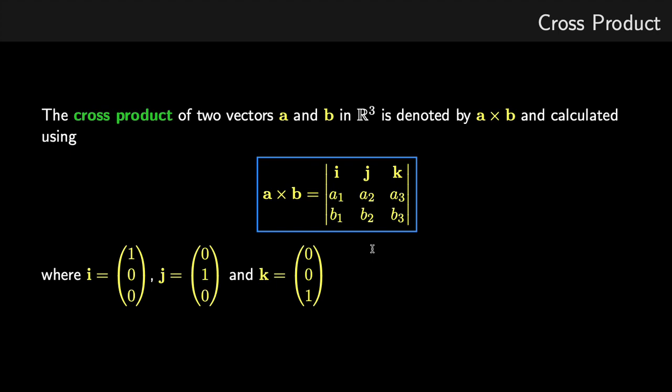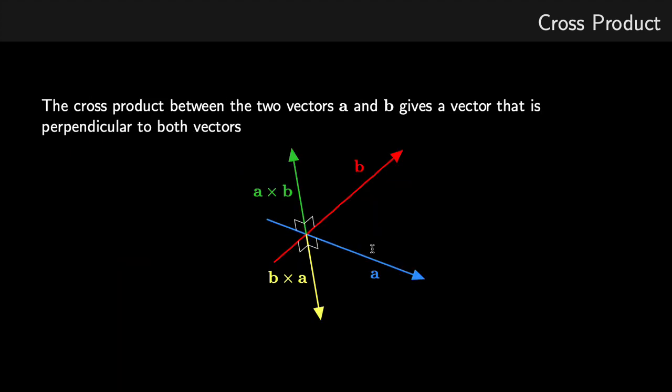So the cross product between two vectors returns a vector, unlike the dot product, which returns a scalar. Geometrically speaking, the cross product between two vectors returns a vector that is perpendicular to both. So imagine we have vectors a and b. The cross product of a and b returns this vector, which is perpendicular to both a and b.